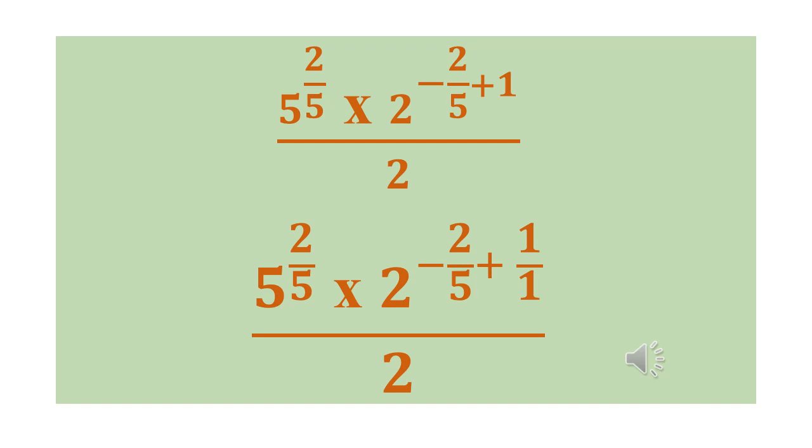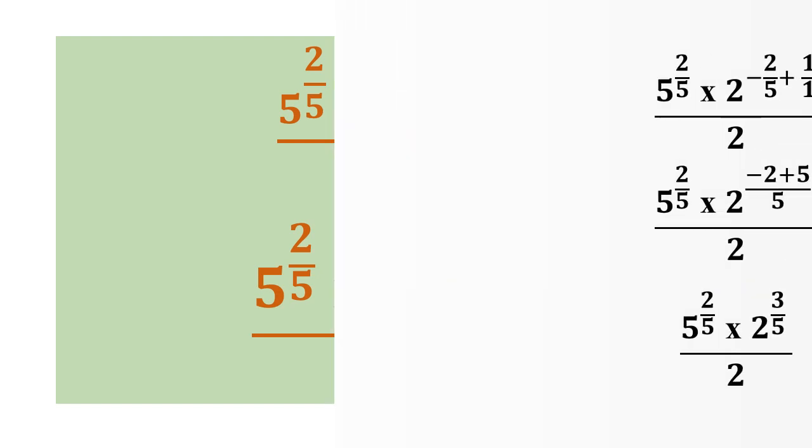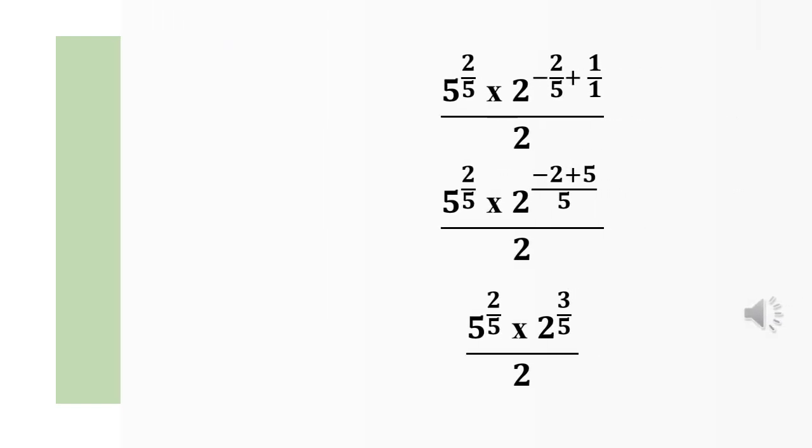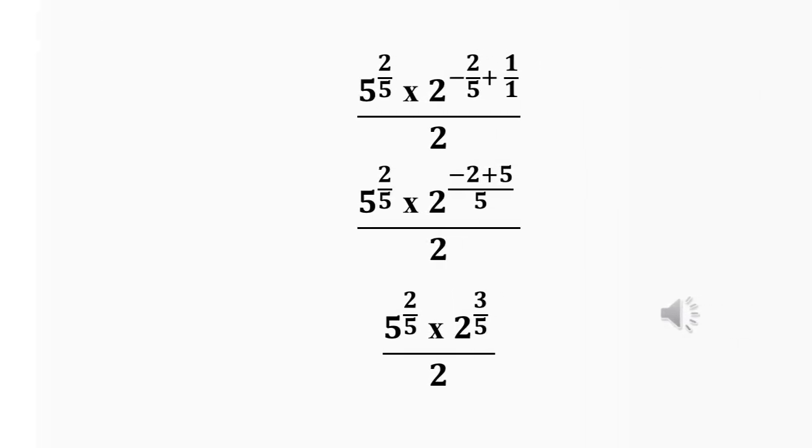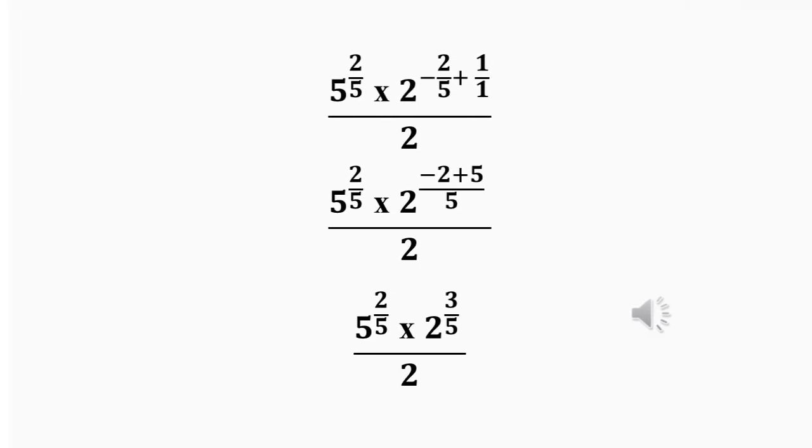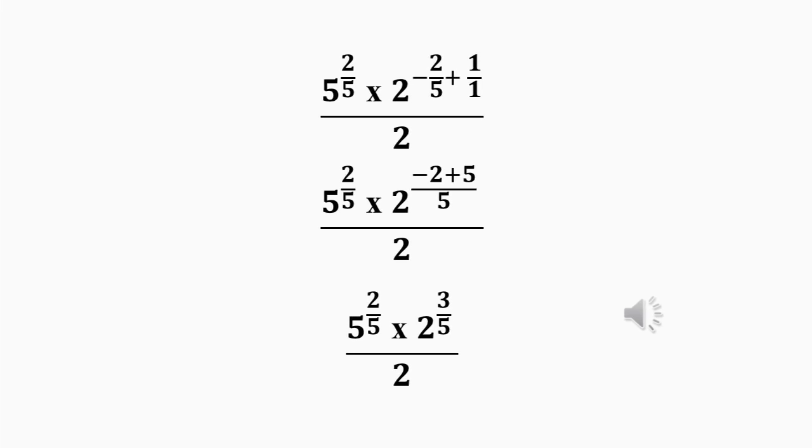Now we have 5 raised to power 2 over 5 multiplied by 2 raised to power minus 2 over 5 plus 1 over 1. 1 over 1 is the same thing as 1, all over 2. So the LCM of 5 and 1 is 5.